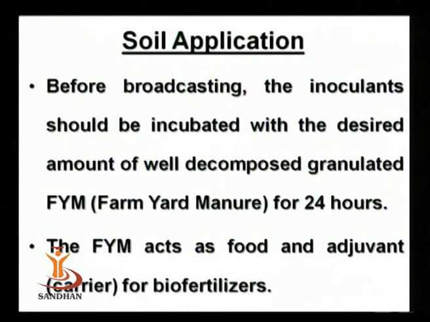So farmyard manure is a type of animal manure. So here what we have to do, we have to prepare one plant bed in which we try to absorb animal feces and animal urine, and by that we are able to prepare FYM. Now here FYM acts as a food as well as an adjuvant. So adjuvant means carrier which will allow slow release of the organism, and because of that it will remain active for a longer period of time.